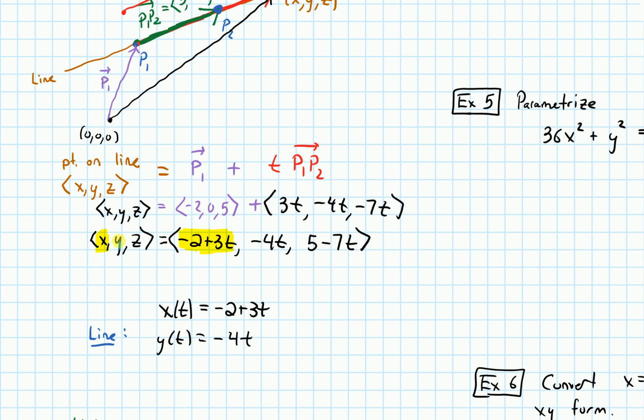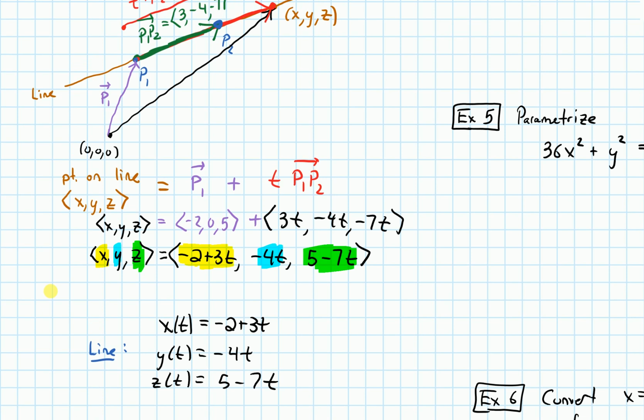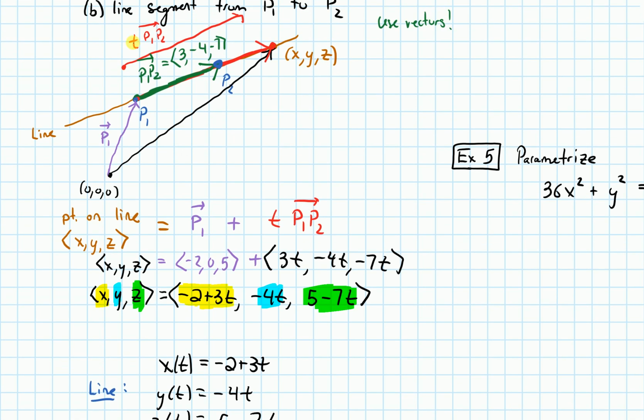So the y's are equal, and the z's are also going to be equal, so the z component here is equal to the z component there, so we can say that z of t equals 5 minus 7t.